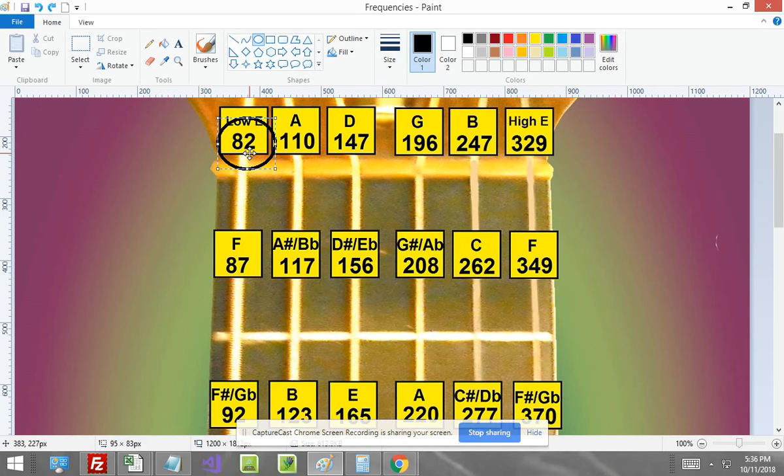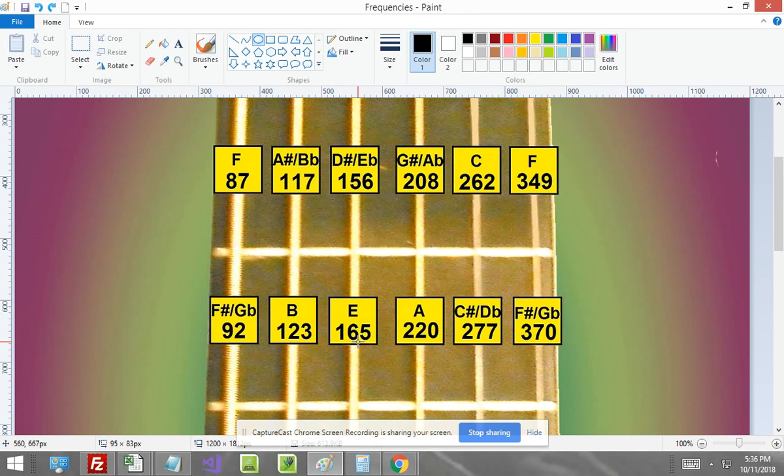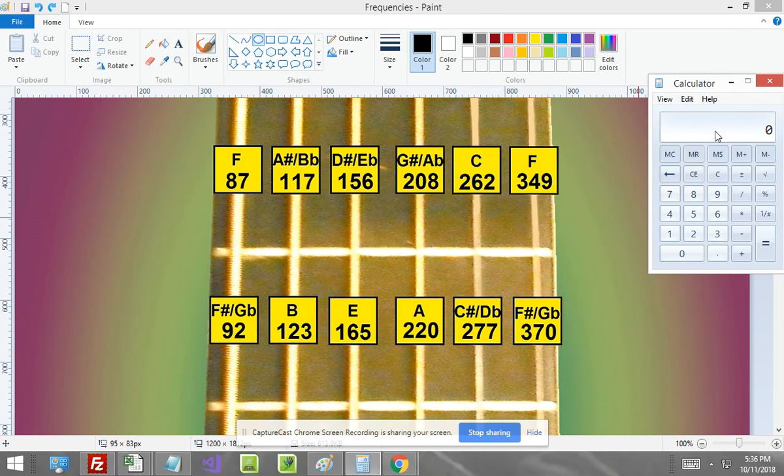Let's take that number 82 and play that higher E, the octave higher, 165. 82 times 2 is 164. Now, music and frequencies, the wobbling of frequencies, is not an exact science. So it says 165, but essentially it's the same thing.